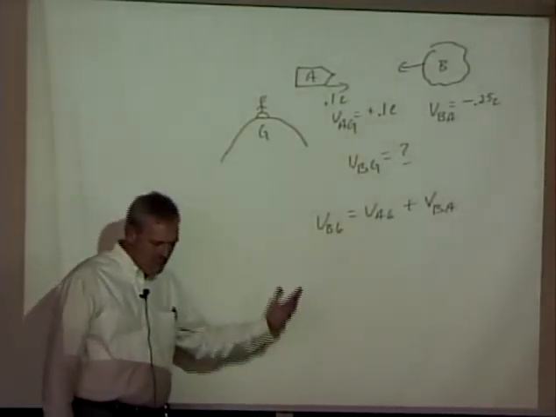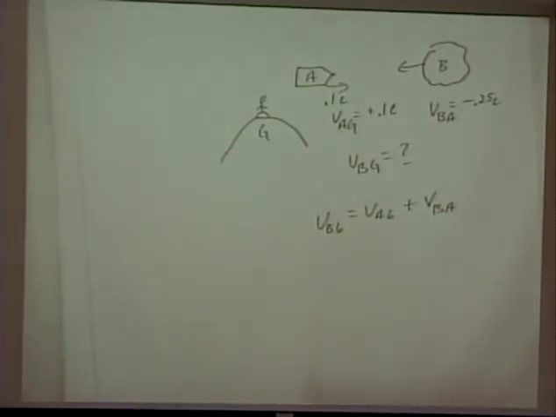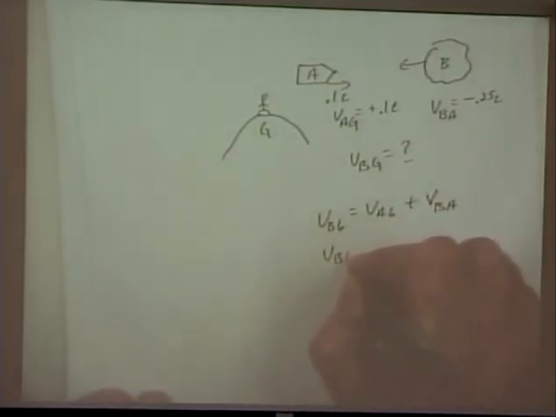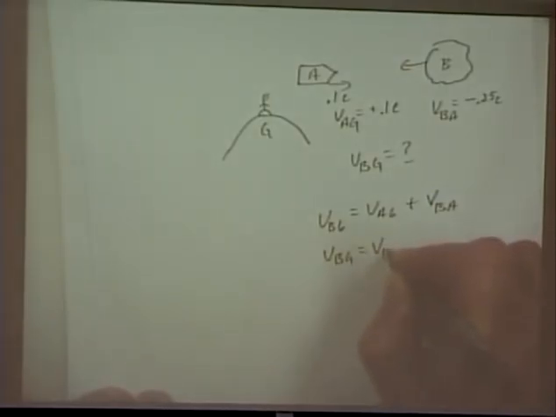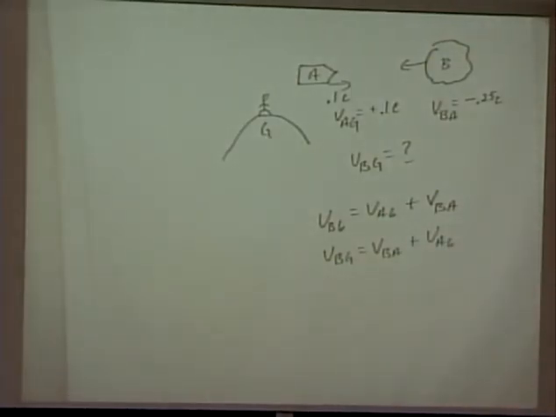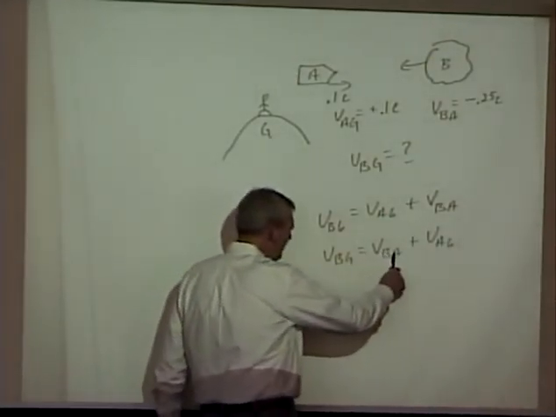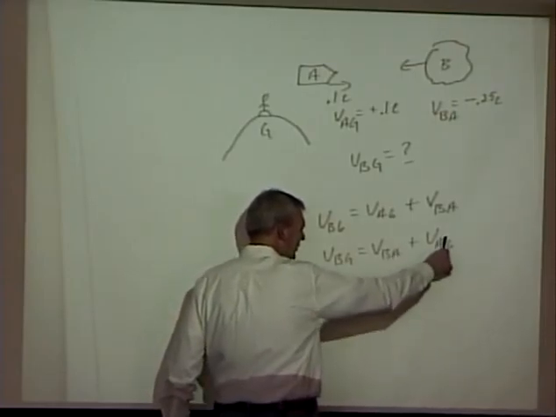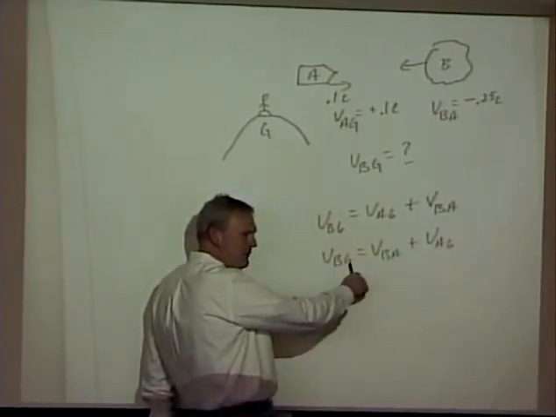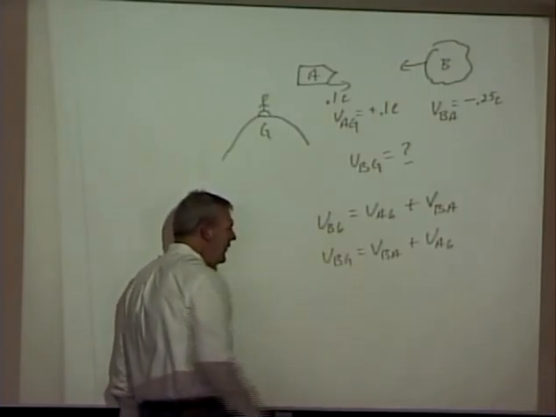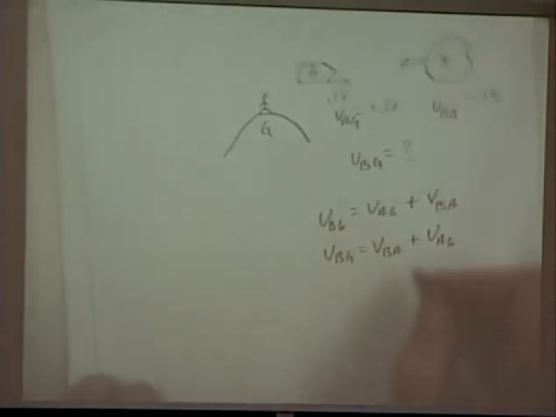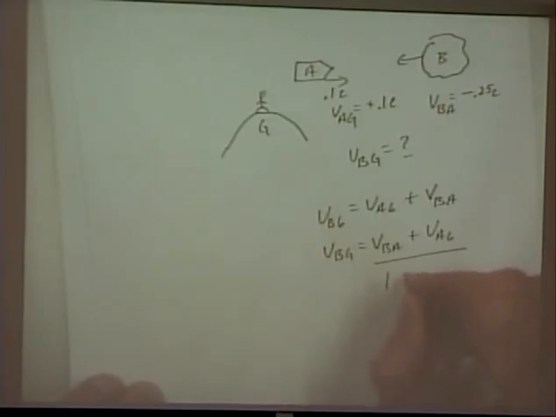But actually, what I want to do is rewrite this. I want to do it this way. Velocity of B to G. Here's where I got stumped. B to A plus velocity of A to G. Now, why did I do that? Because I want my two subscripts right there to cancel, and that's how I get B to G. Then I divide by 1 plus V_BA times V_AG divided by c squared.